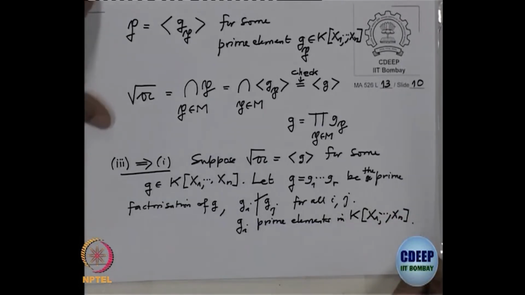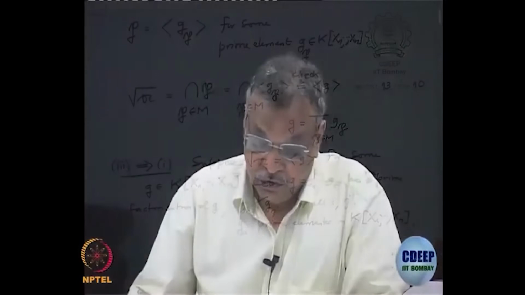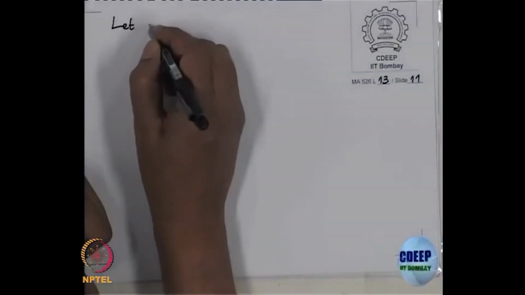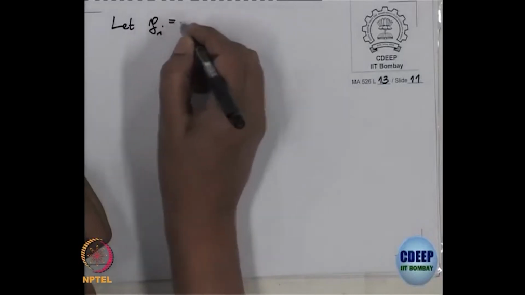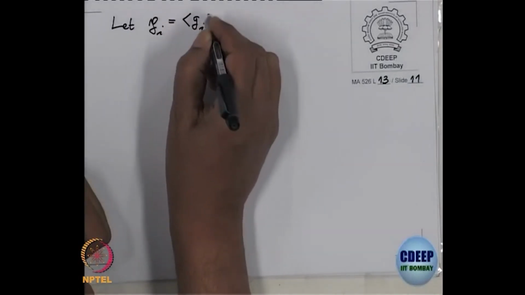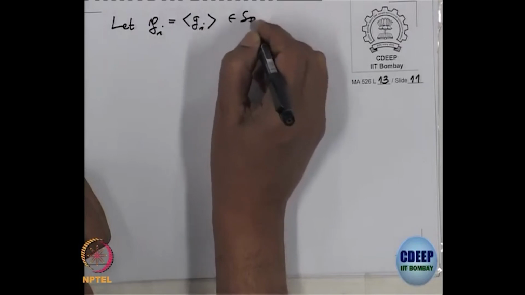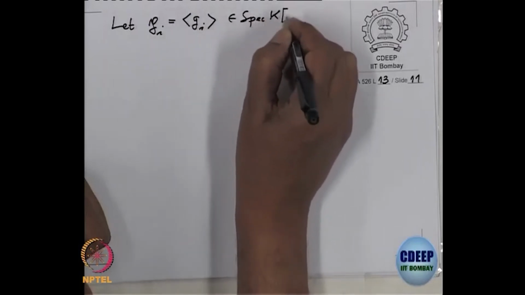So, therefore, they will generate a prime ideal. So, let Pi be the ideal generated by Gi, this is in Spec of k[x1, ..., xn].